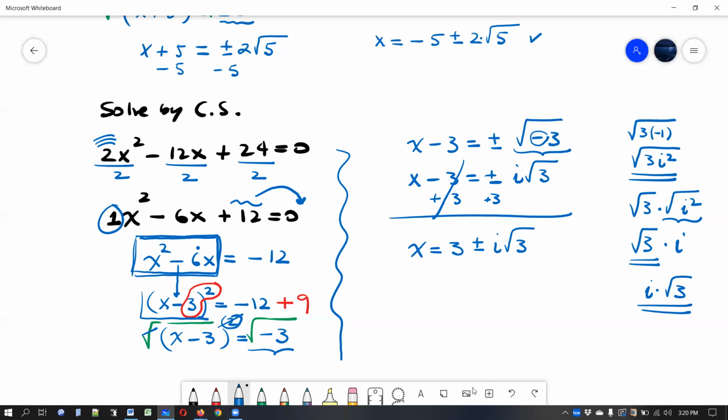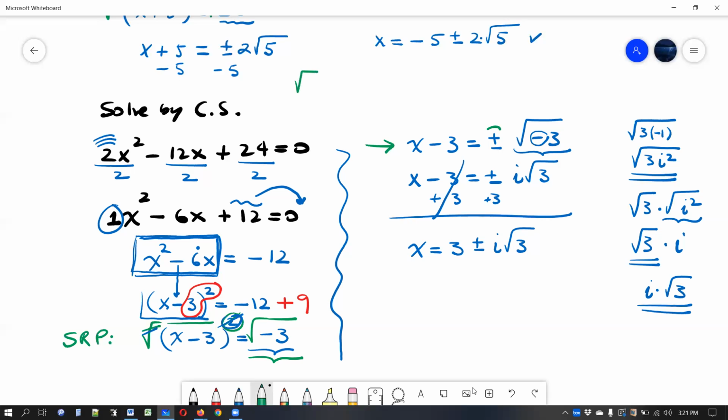The adjustment is always this number squared, as I have it over here. Once you have (x minus k) squared on the left, you will apply the square root property. The square will cancel with the radical. You will have plus or minus, and then you will simplify whatever radical you have on the right, if it is possible.